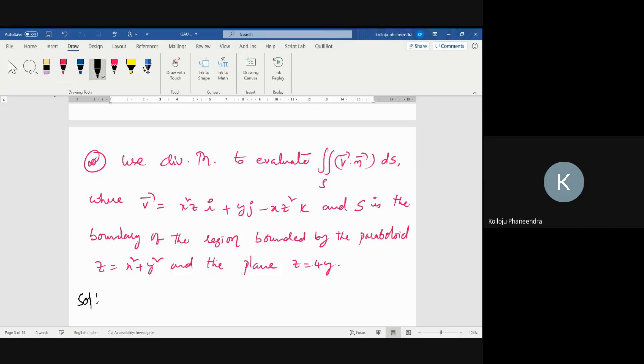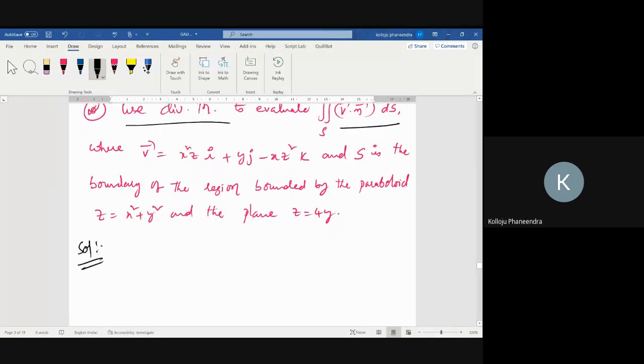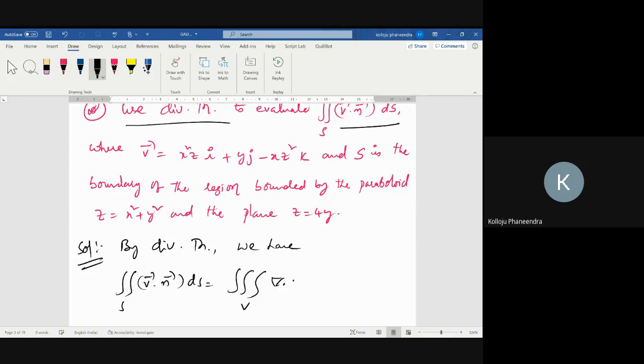Now see, this is not a verification. We apply the divergence theorem to evaluate the surface integral. By the divergence theorem, we have the double integral over S of v bar dot n bar ds equal to the triple integral over V of del dot v bar dv.